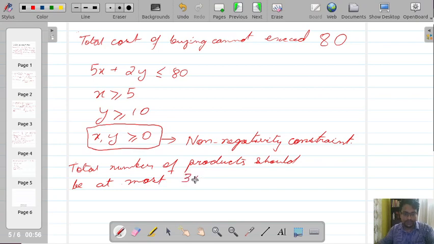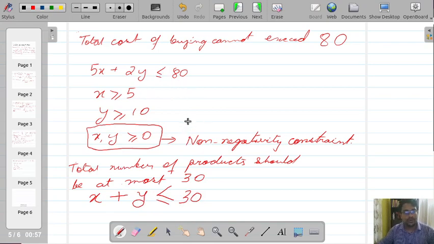What will be the constraint? What is the total number of products? You have bought x pens and y pencils. The total number of products is x plus y. So this constraint says that x plus y cannot be greater than 30. It is at most 30. This is another restriction of the problem.